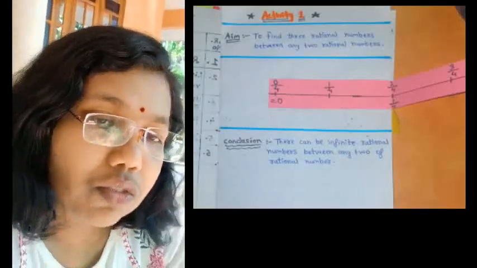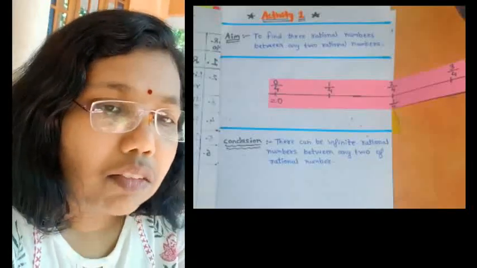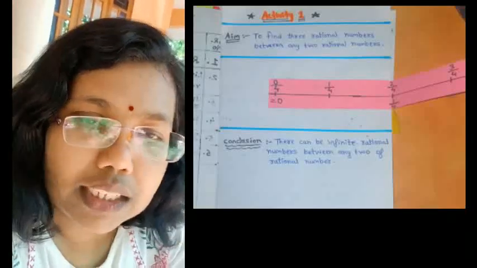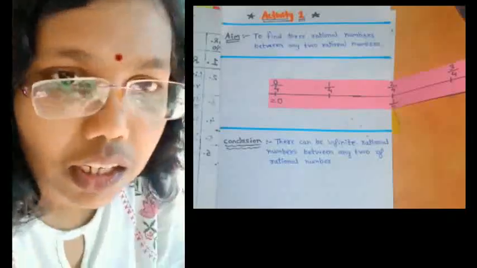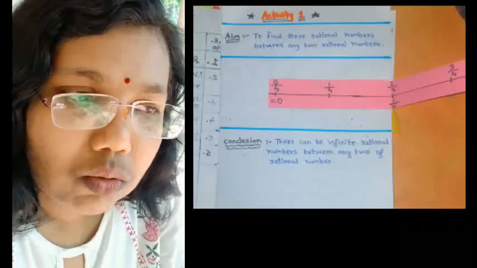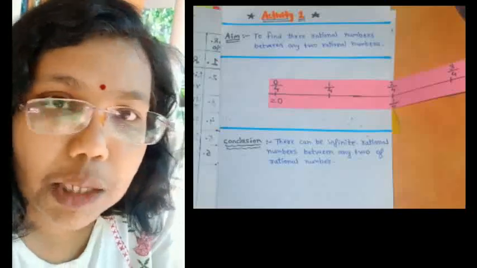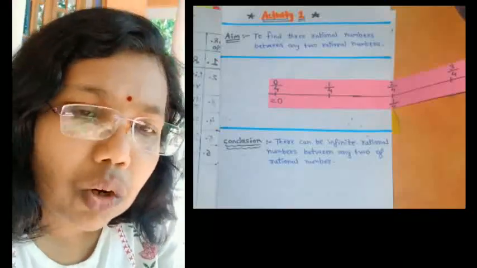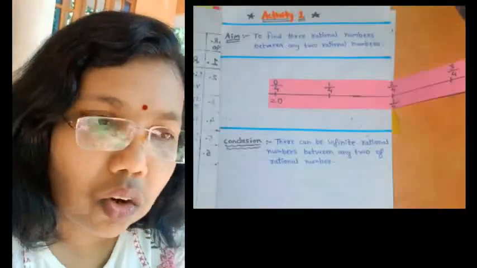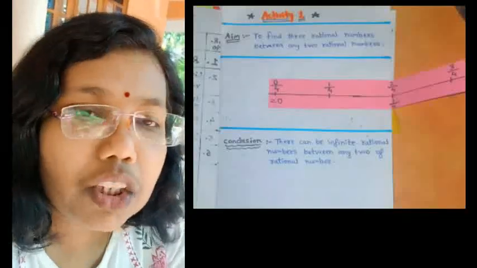We first found the number which is exactly in the middle by directly folding the paper into exact halves. That way we found a rational number which was exactly in the middle. Likewise, when we talked about how many rational numbers we can find between any two rational numbers, we also saw that since the paper's length can be infinitely long, we could have as many rational numbers as we want between any two rational numbers.